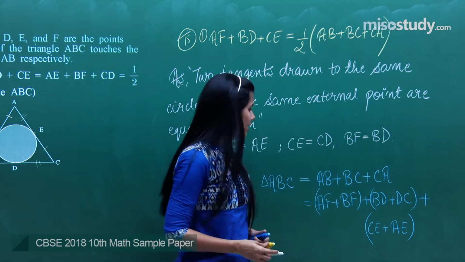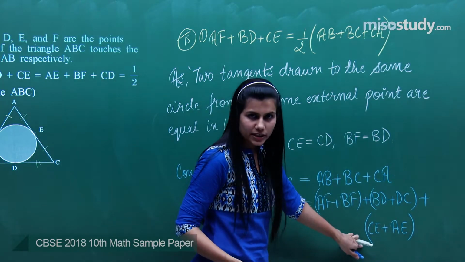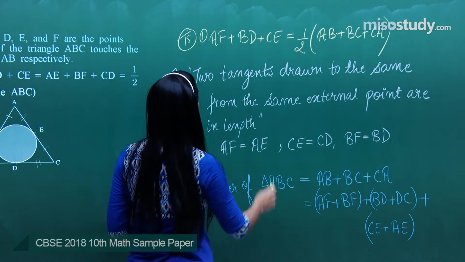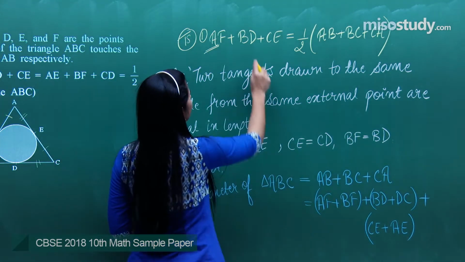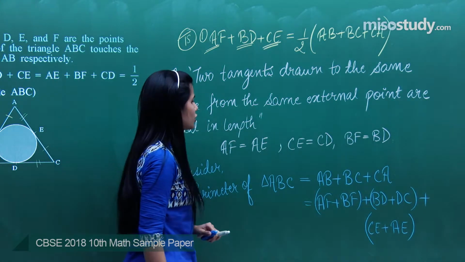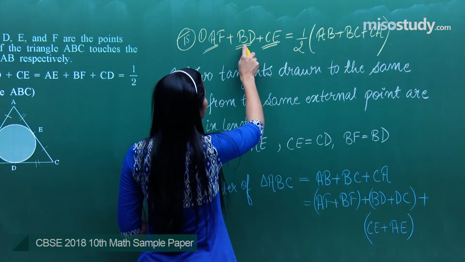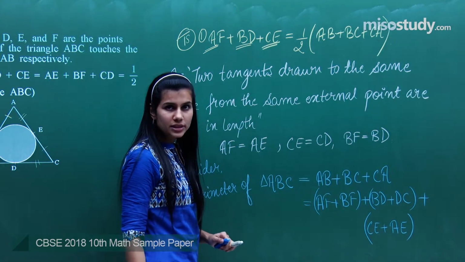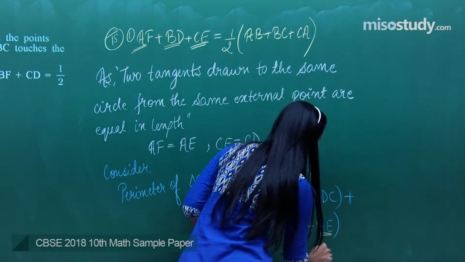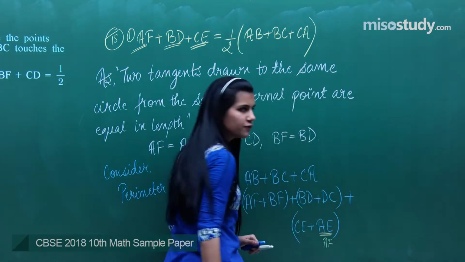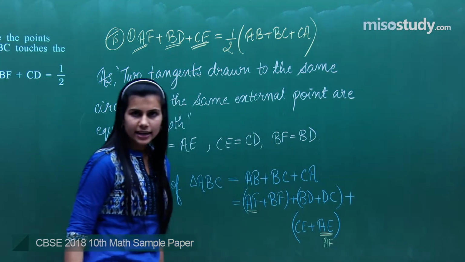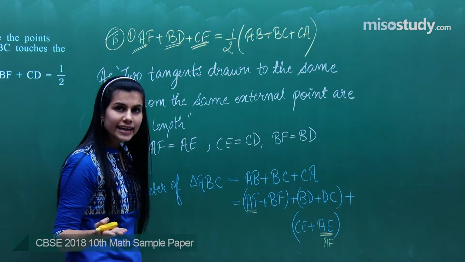Now that you have this, you have to use your relations. Don't forget what you have to show. You have to show AF plus BD plus CE is half of the perimeter. So you want AF to stay, you want BD to stay, and you want CE to stay. Now you know AF is equal to AE, so I am going to keep AF as it is and replace AE by AF because they are equal.